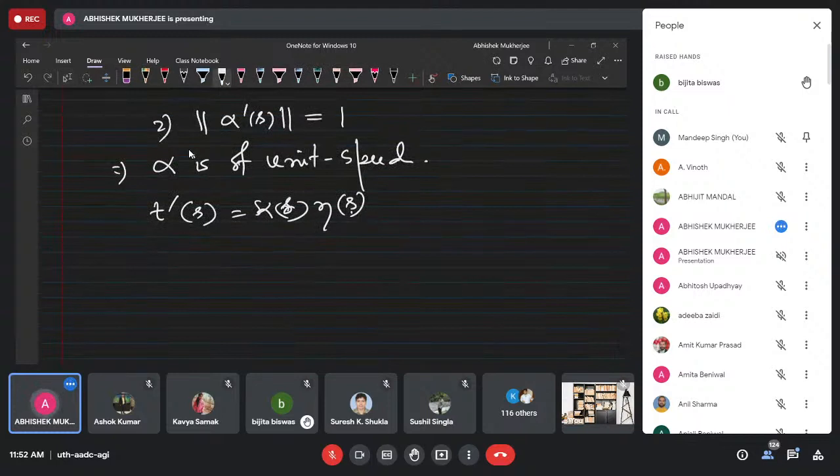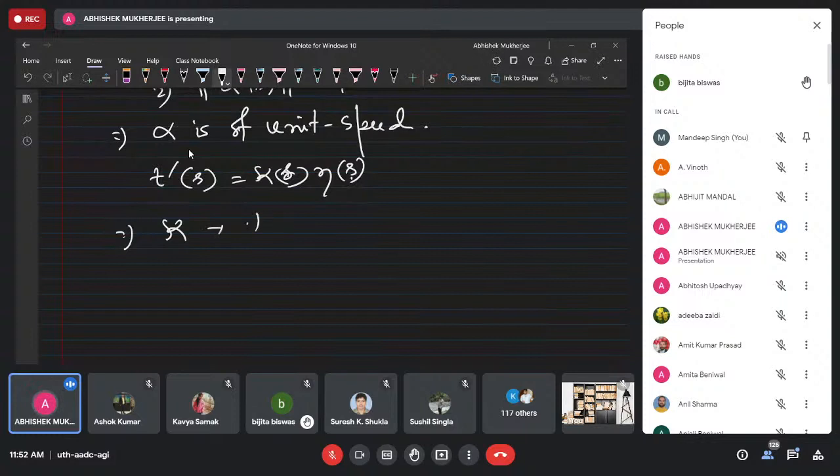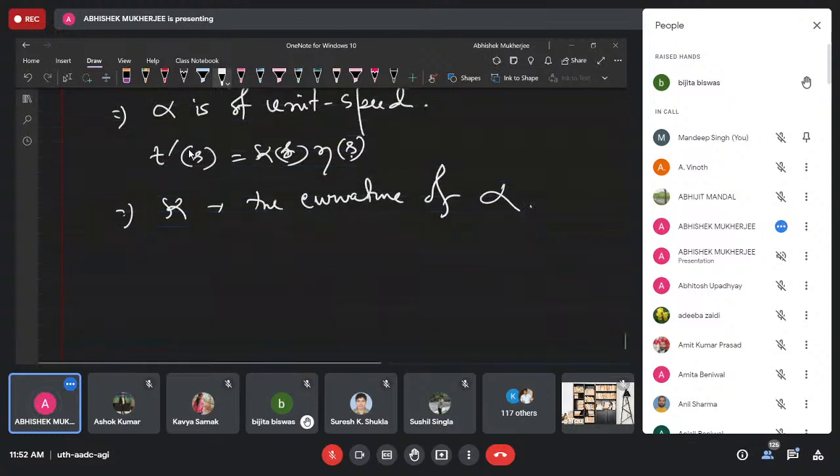So where this eta is also a unit vector, and this leads to the fact that this kappa is eventually the curvature of this above defined alpha.